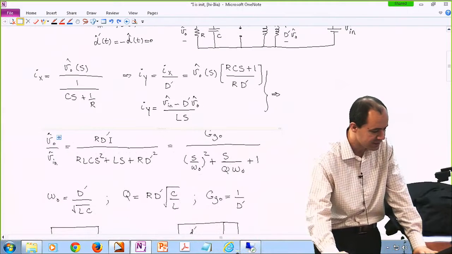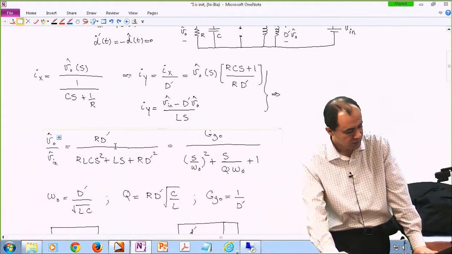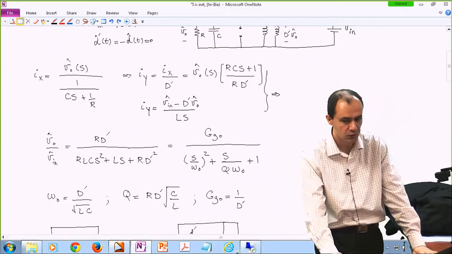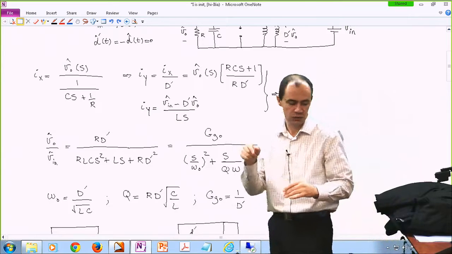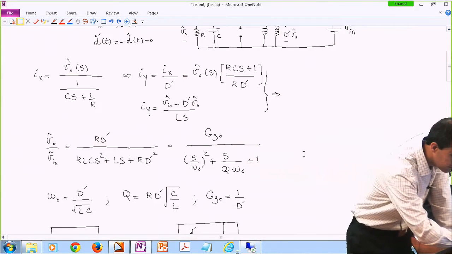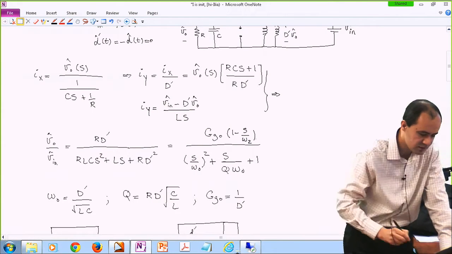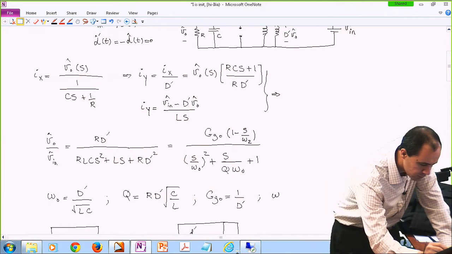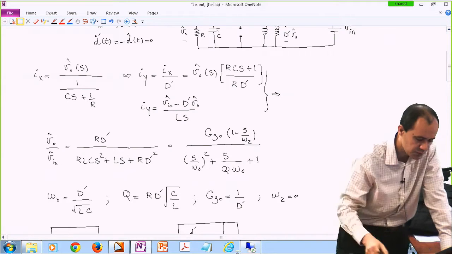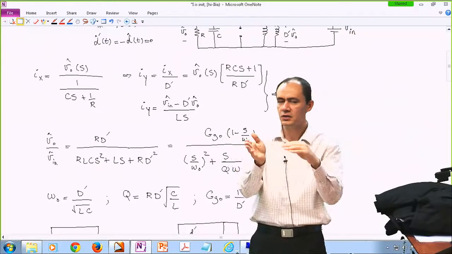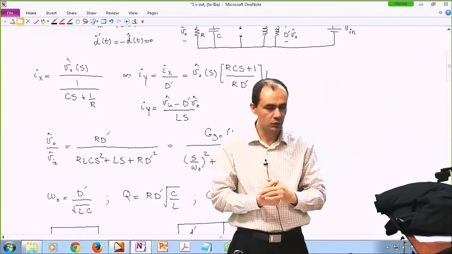Here, as you can see, I did not observe any zeros. If you see any zeros appearing here, your canonical form should be even more comprehensive, multiplied by 1 minus s over omega z. In this case, because there are no zeros in this particular transfer function, whatever omega z appears, you compare the left side with the right side and then see what omega z is.